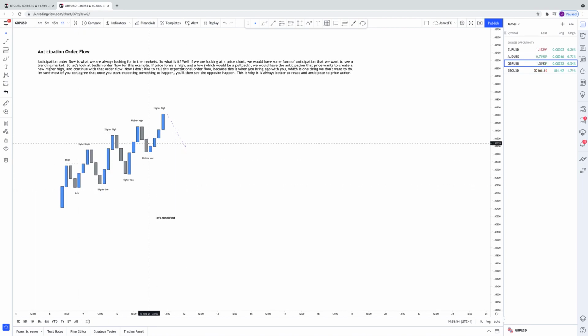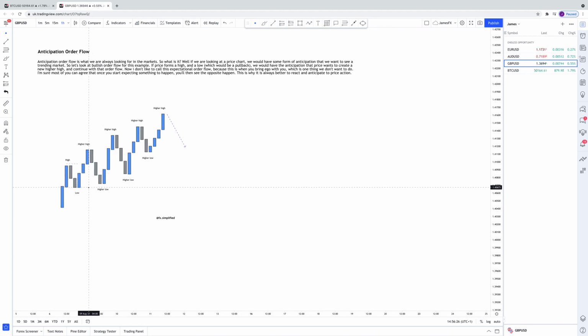I will get into that on the charts, how we determine when order flow has changed and the trend momentum has now shifted to the downside. I will show you some examples of that. But if we continue, we have a higher high, higher low. The anticipation would be for a pullback into this region, bullish order block, mitigation, and we aren't really looking for price to go lower than this area.